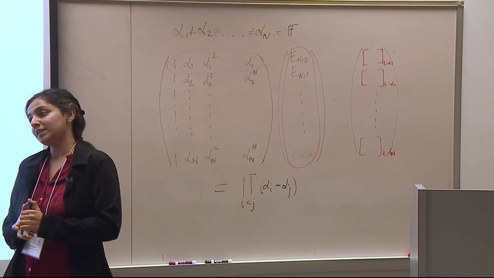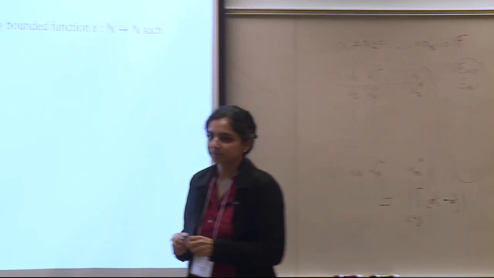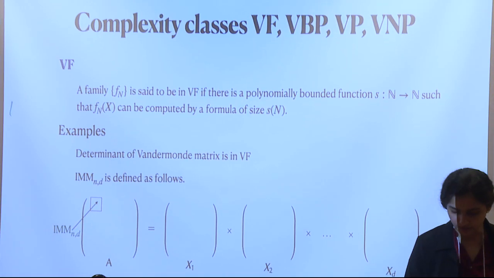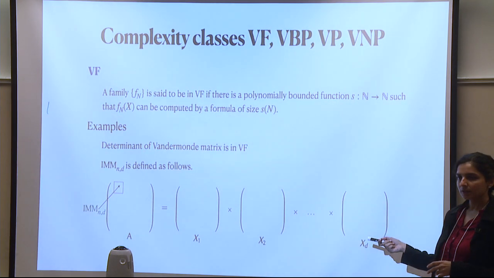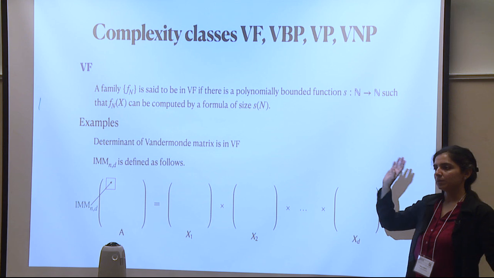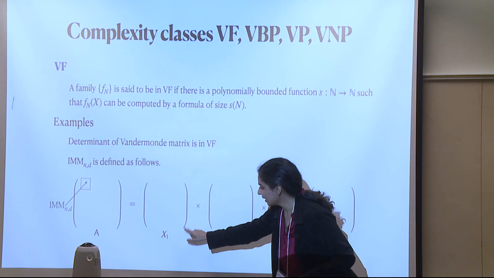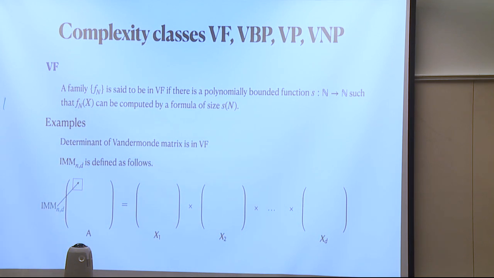Now I'm going to introduce another polynomial called the iterated matrix multiplication polynomial. This is going to be an example for us. So what's this polynomial? You have d matrices, x1 to xd. Each has a fresh set of variables, and it's say n cross n matrices. So there are two parameters I use here, n and d.